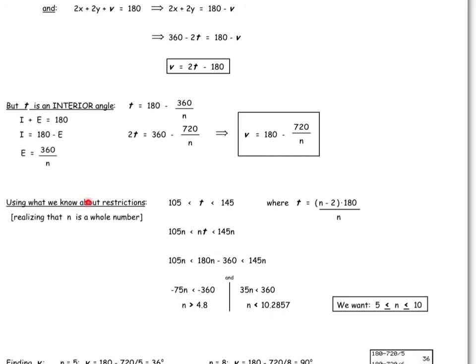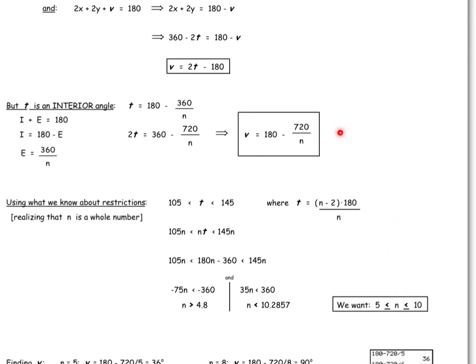And because n is a whole number, that made n go to 5 and n go to 10, and those are exactly the n's that we want. And instead of having to actually experiment finding t's to decide if we liked the n or we didn't like the n, we actually worked with our restrictions and our inequalities to go directly to the n's we wanted.